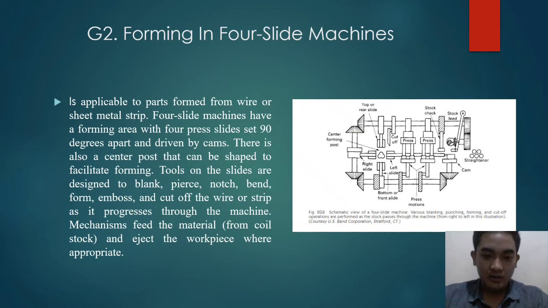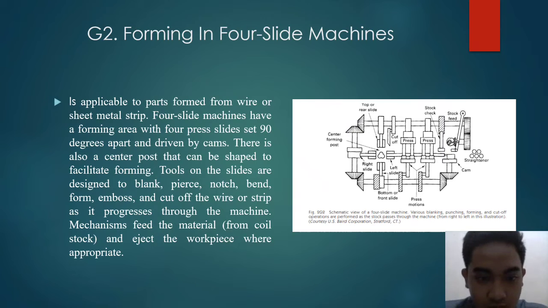Next, G2, forming in four-slide machines. It is applicable to parts from wire or sheet metal strip. The four-slide machine has forming areas for press slides set 90 degrees apart and driven by cams.